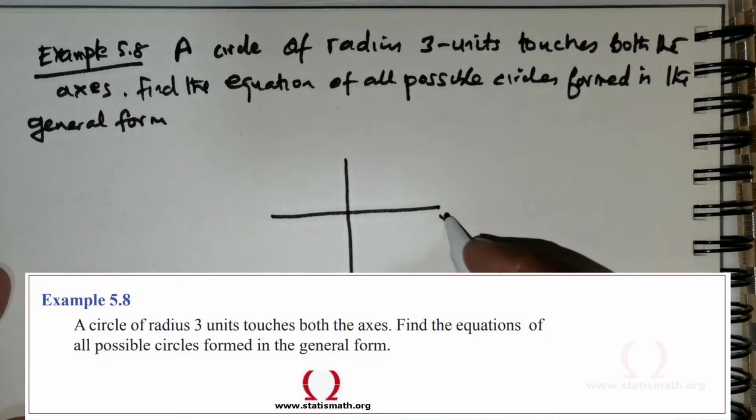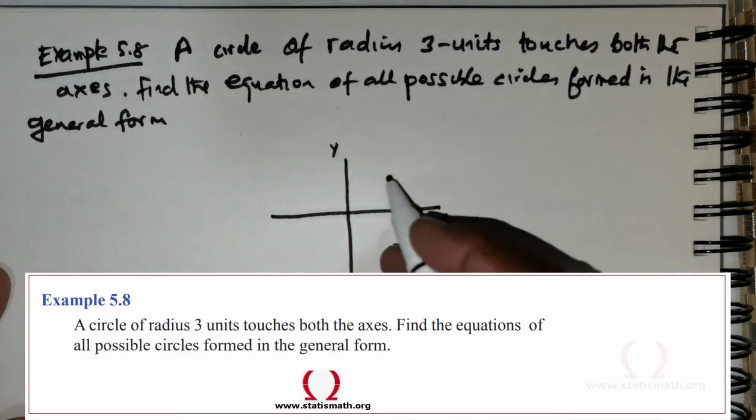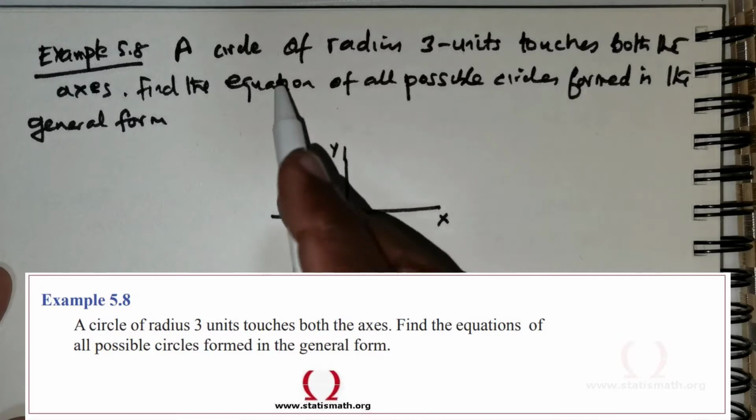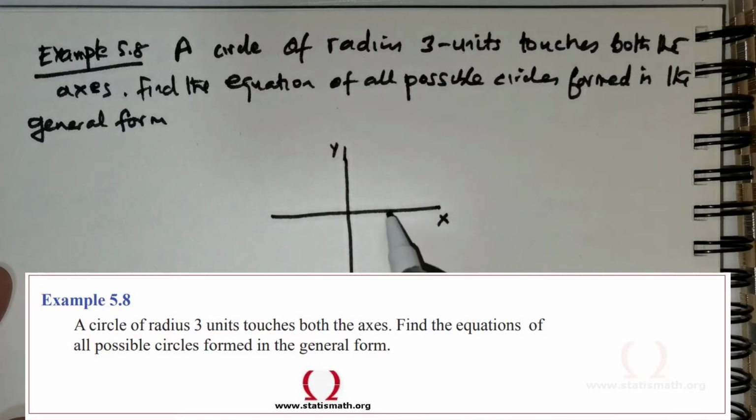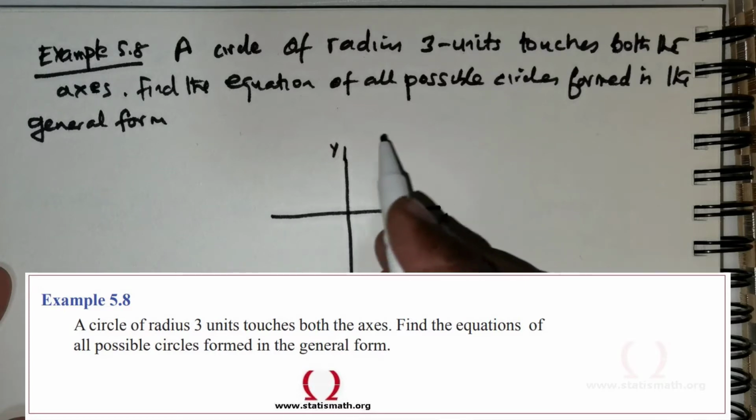So we have the x-axis here and the y-axis, and we are expected to draw a circle of radius 3 units. Now the circle has to touch both the axes.